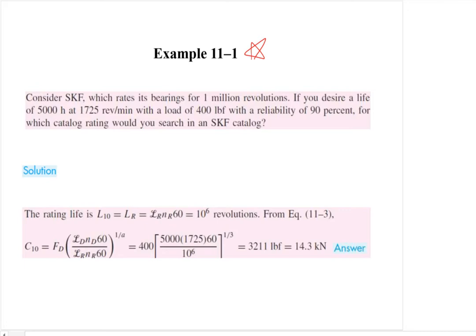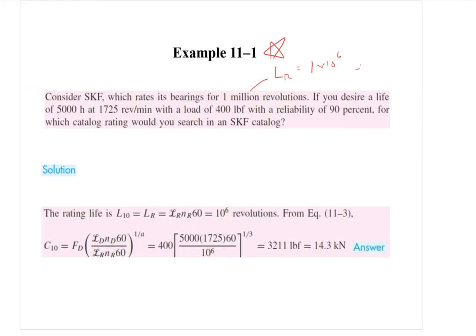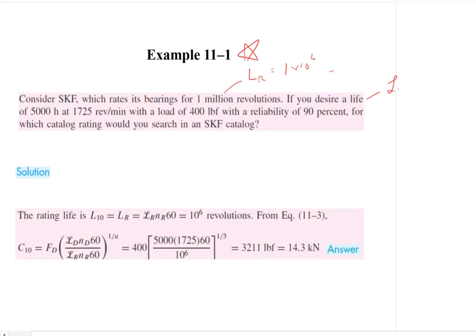They have an SKF bearing, which rates its bearing for 1 million revolutions. So that means L sub R equals 1 times 10 to the 6th. And you desire a life of 5,000 hours. That means L sub design is 5,000 hours. So that's how the two different L's work out here.